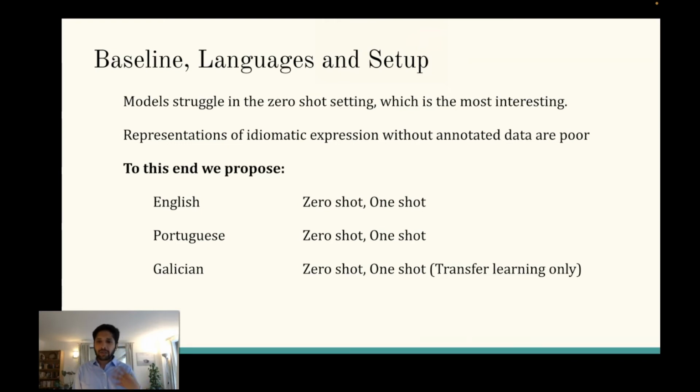Like I said, to this end, this task is proposed in 3 languages, English, Portuguese, and Galician, and across 2 settings, 0 shot and 1 shot, and parallelly in subtask B in the pre-train only and the fine-tune included settings.